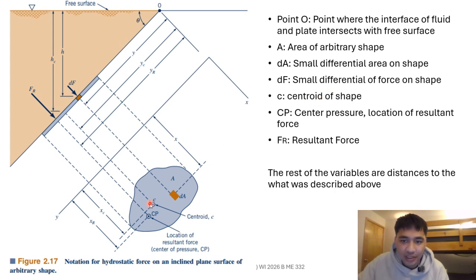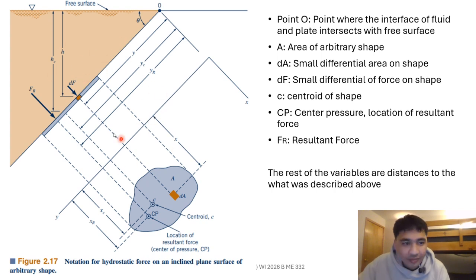C is the centroid of your arbitrary shape. CP is the center of pressure, the location of the resultant force. I'm going to note this later, but you can already see that the force resultant is not applied at the centroid, right? It's applied at this location. It's different, and that's the whole reason why we're learning this, because in a fluid the pressures increase as you get lower.